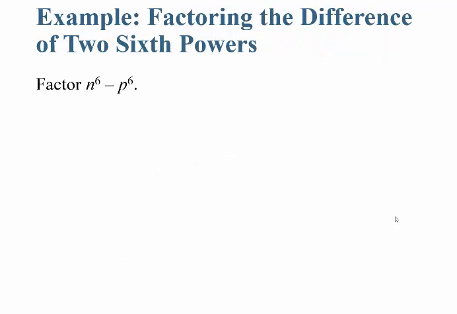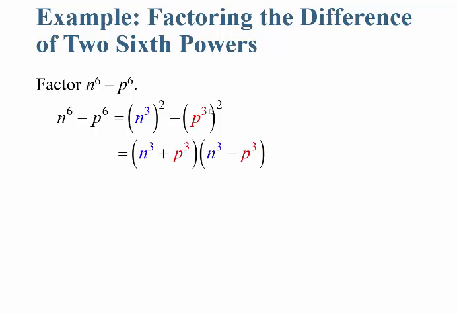All right, let's try this one. This one's very crazy. All right, so this right here, n to the 6 minus p to the 6. First off, I'm going to recognize that n to the 6 is the same thing as n cubed squared and p to the 6 is p cubed squared. So this factors as the difference of two squares.